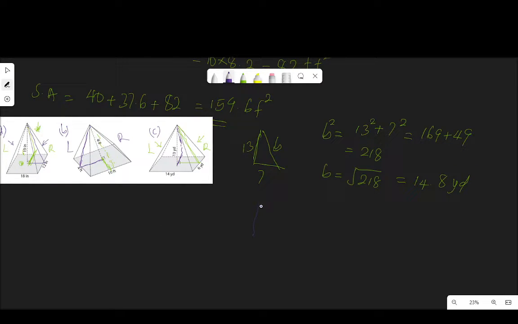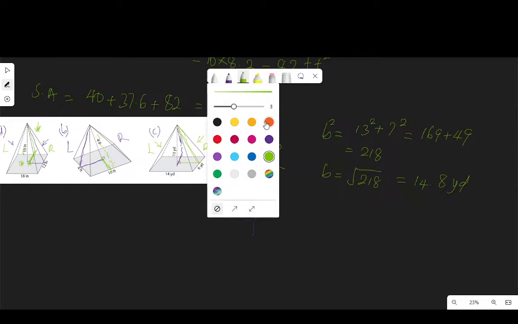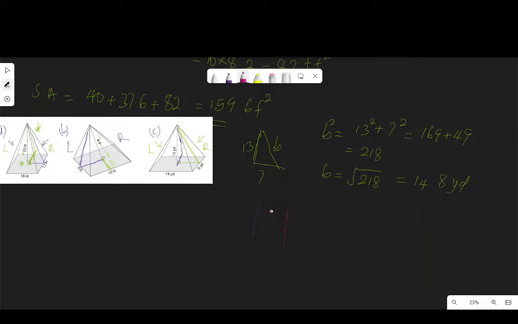The vertical height, which is 13 yards, and then this line going back here is half of 6 yards, which is 3. And then this line here is the height of this triangle.